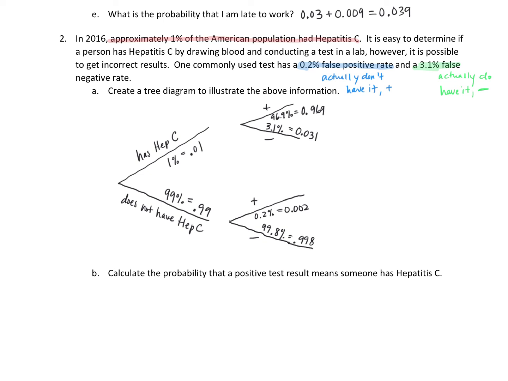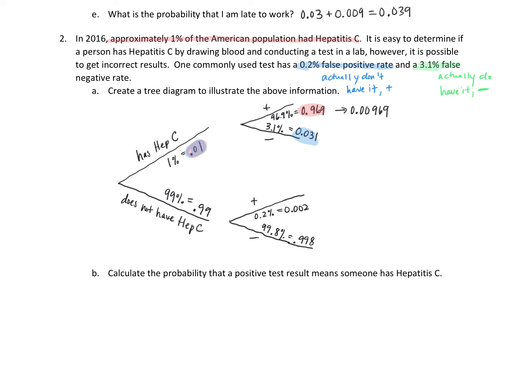So now let's look at all of our joint probabilities. The probability that you have hepatitis C and you get a positive result, we could find that by multiplying 0.01 times 0.969, and for that we get 0.00969. Okay, now we have that you have hepatitis C, but you get a negative result.